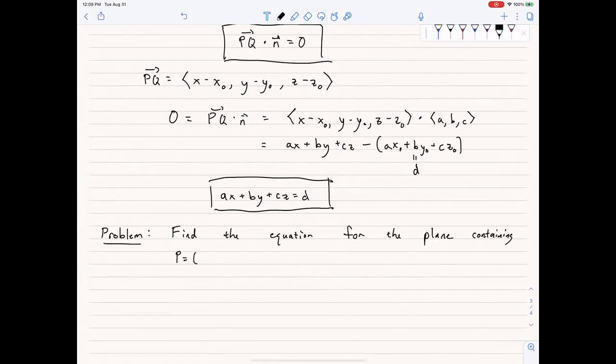P equaling 1, 1, 1. Q equaling 1, 0, 1. And R equaling, let's say, 2, 1, 0. Okay, good.